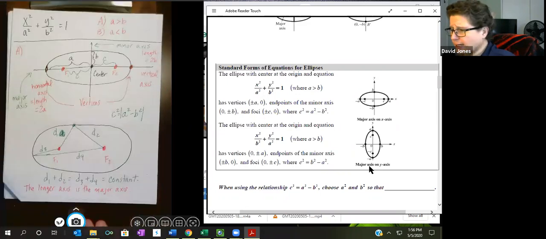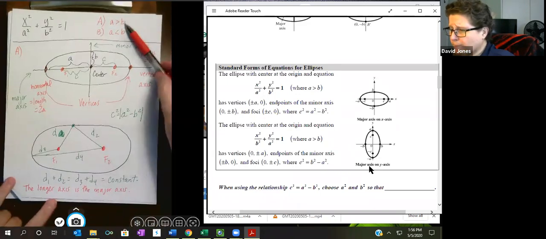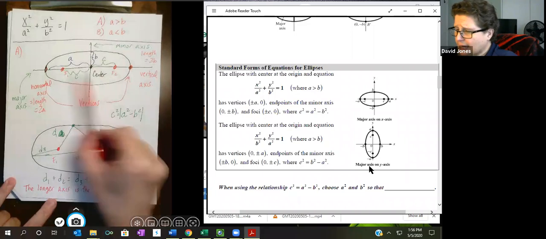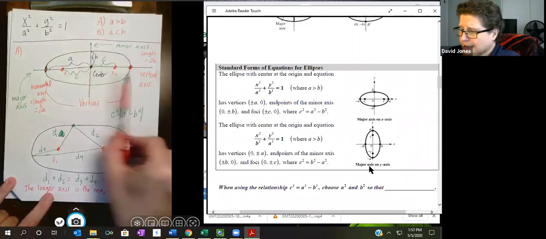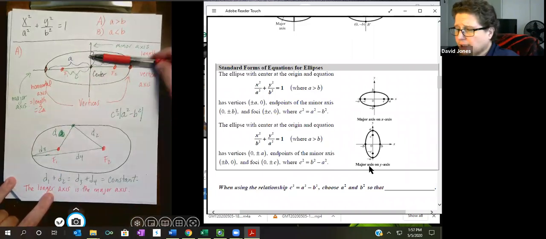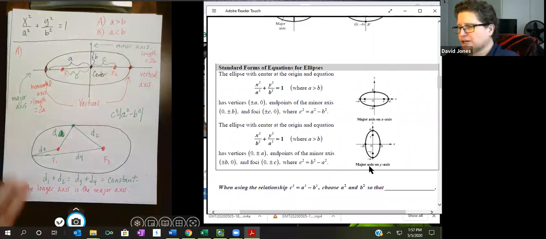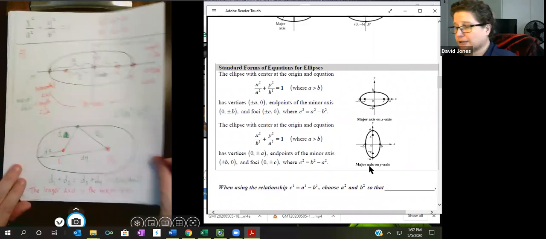So notice I said in option A, a is bigger than b. So this a is bigger than this b. It's longer here, shorter here. In option B, that changes. a is shorter than b. So let's take a look at that.